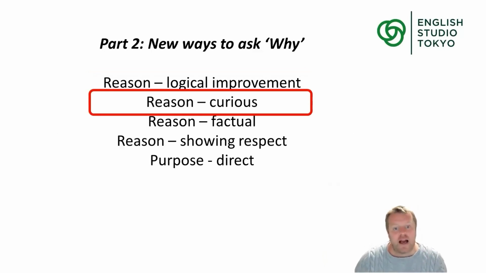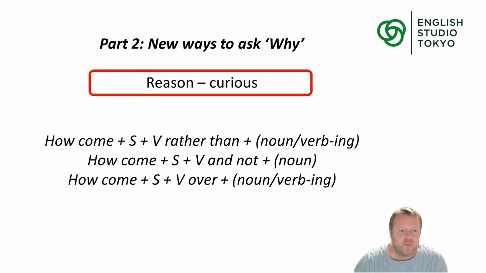Okay, so now let's have a look at curiosity. How do we do this with more curiosity? Curiosity, we're going to use the words "how come." Now, how come naturally means the reason. It doesn't really mean the purpose. So rather than "and not" or "over," this is optional.